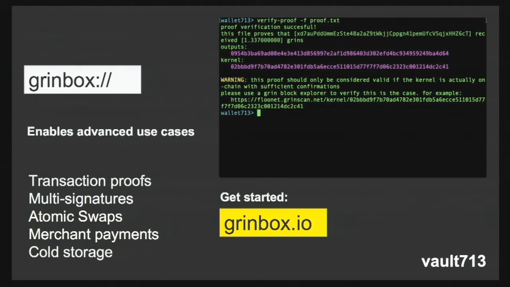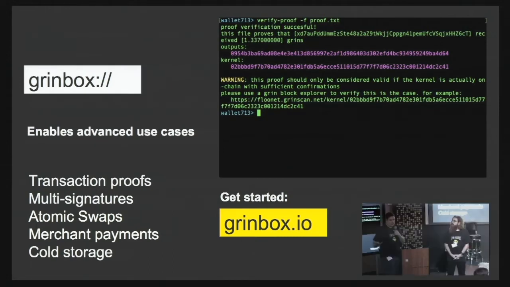If you do a transaction with Grinbox, you automatically store the signed message, and it allows you afterwards to export this proof and send it to anyone who claims that you didn't send them money. You can see an example here. We have a verify proof command, which verifies this.